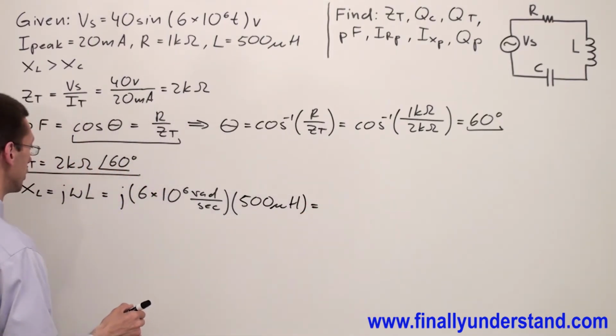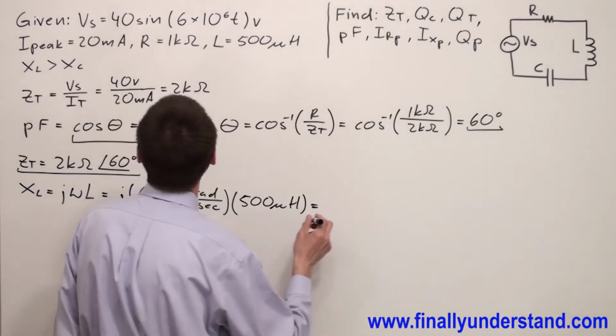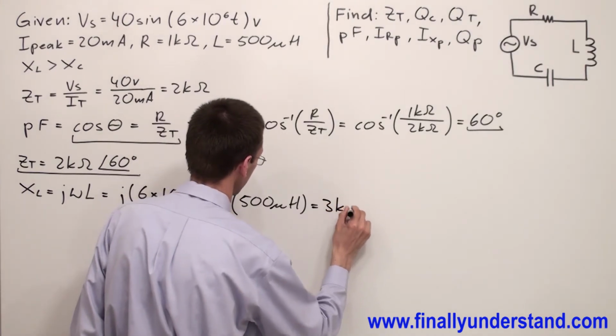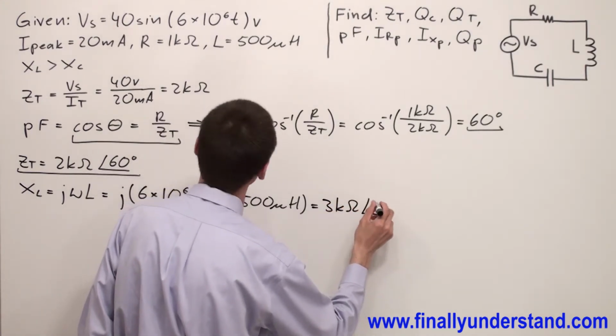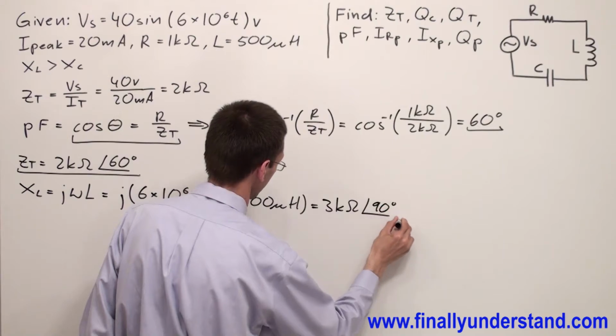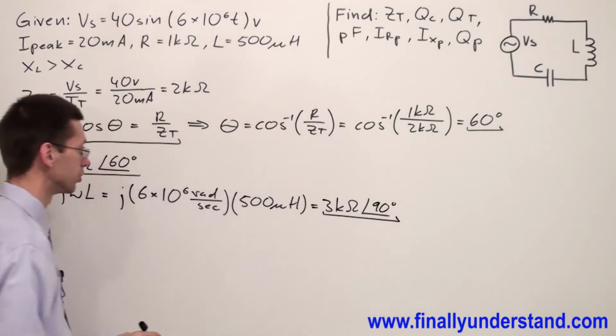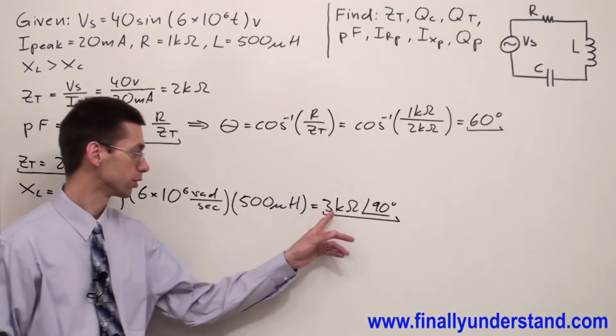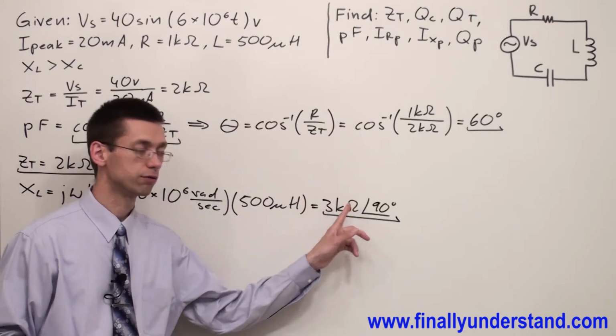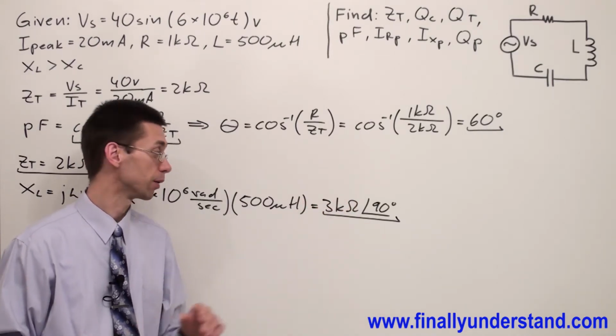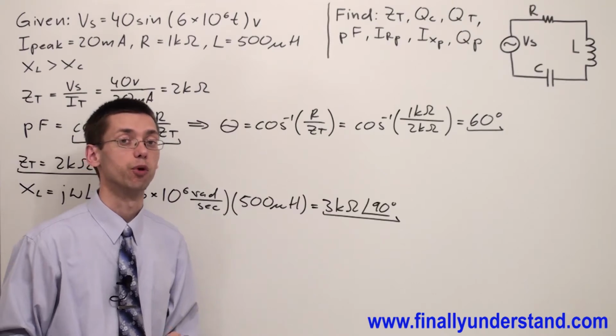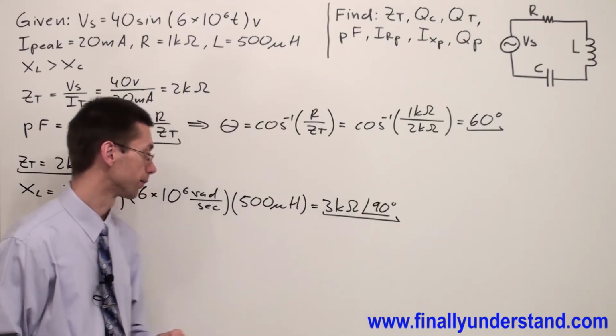And this is equal to 3 kiloohms and an angle of 90 degrees. You can write J 3 kiloohms or 3 kiloohms angle of 90 degrees. It means exactly the same. I prefer to work with polar forms, that's why I use the angle.